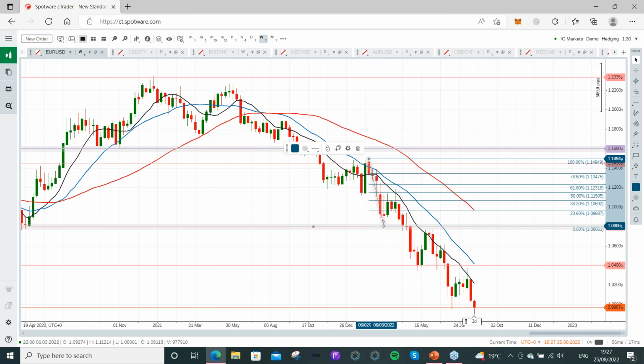Now this price has really sat at this 38.2% level, and that's really where price has bounced from, but it has actually come all the way up to the 50% level. And this is another thing that I would say: a retracement anywhere between around the 38.2% level and the 61.8% level is an appropriate retracement for a smoothly trending market.